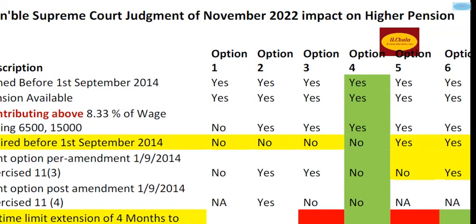All have joined before 2014, because a person joining after 2014 on a higher pension is already approved by the Supreme Court under clause 11 subclause 6A para. So now the pension is available for all, because they've joined before 2014, everyone is eligible for pension.